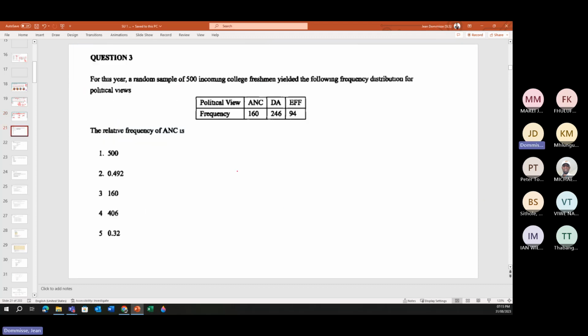Okay, so another one, they give us a frequency. Now they ask us what is the relative frequency. Okay, relative frequency is looking at that number divided by the total.